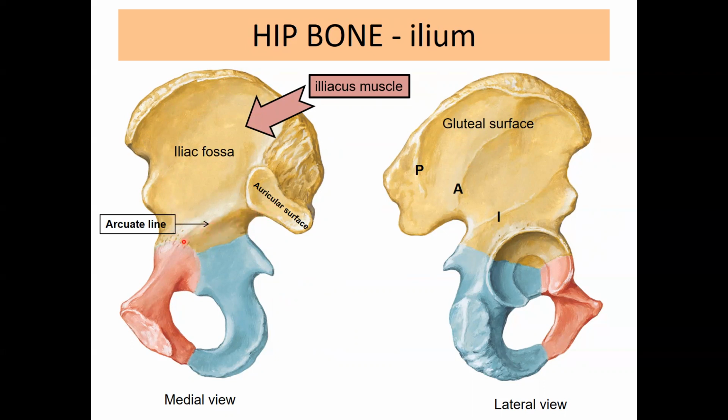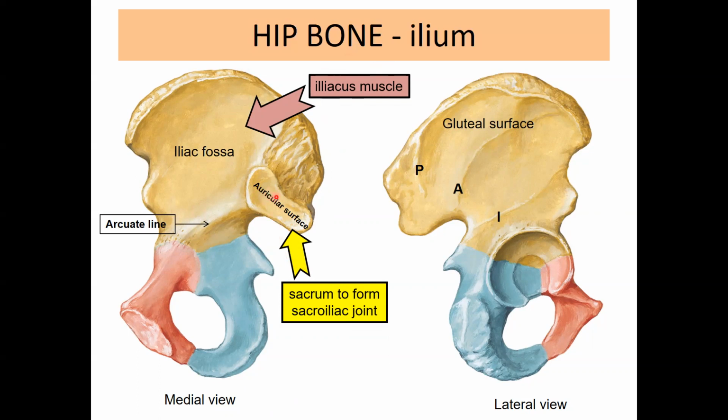So this is the arcuate line. What is the significance of the iliac fossa? It is the site of muscle attachment for the iliacus muscle. And posteriorly, there is the auricular surface.